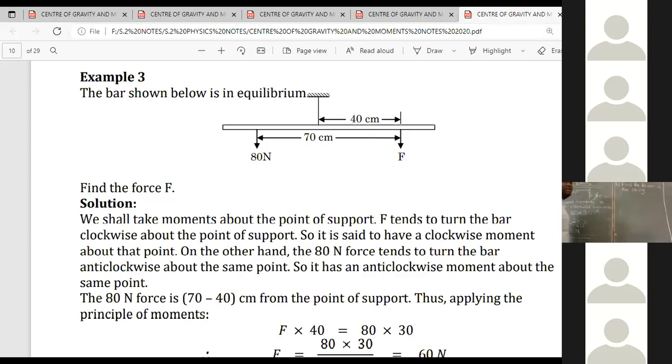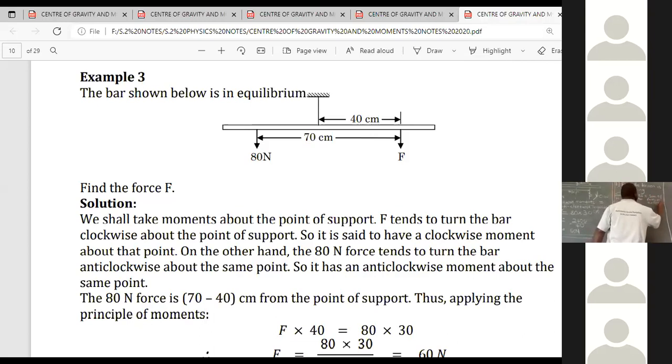Wonderful. So here we have only two directions, the upward and the downward direction. The sum of forces in one direction is equal to the sum of forces in the opposite direction.